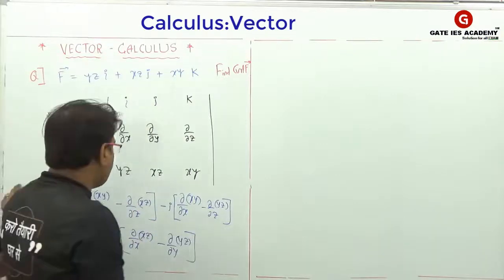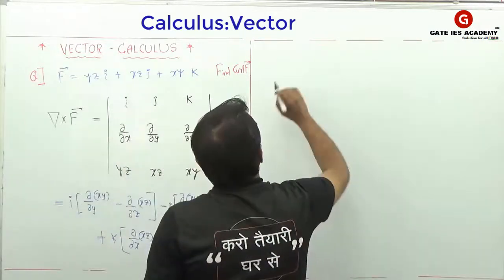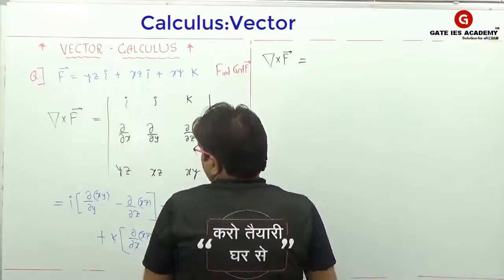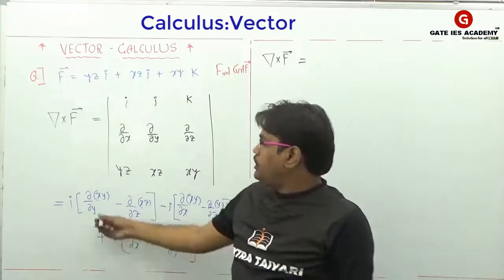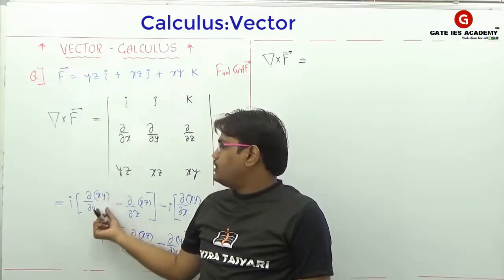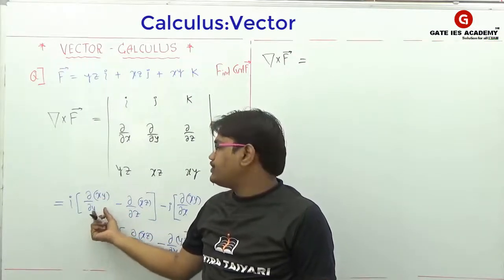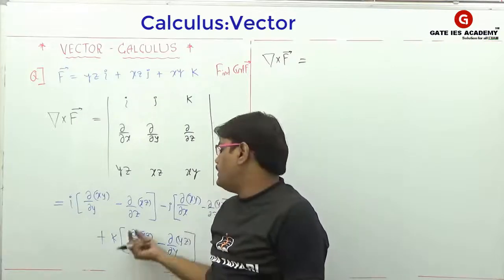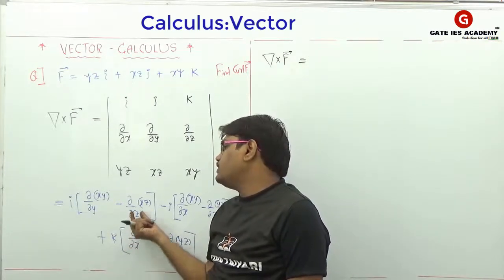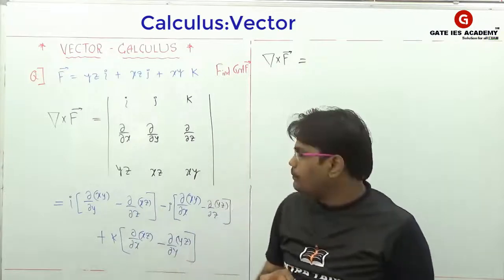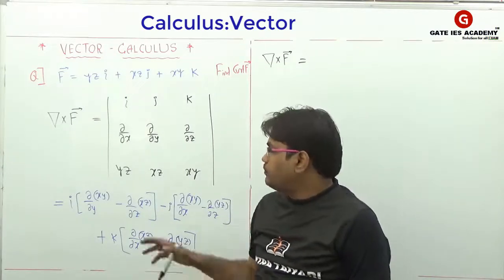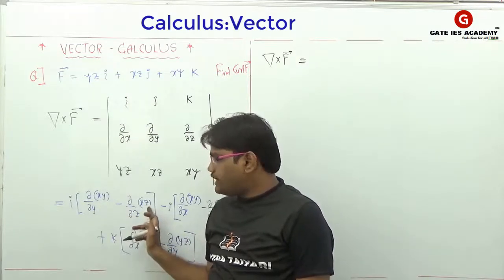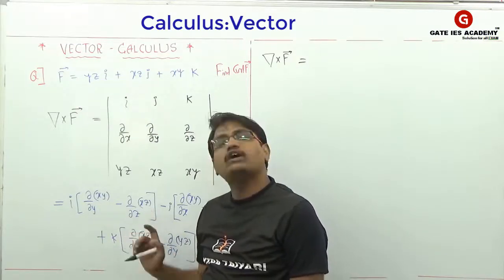Now find these values. So curl will be, now see here, differentiation of xy with respect to y is x only, and with respect to z of xz is also x, because z differentiation is 1.